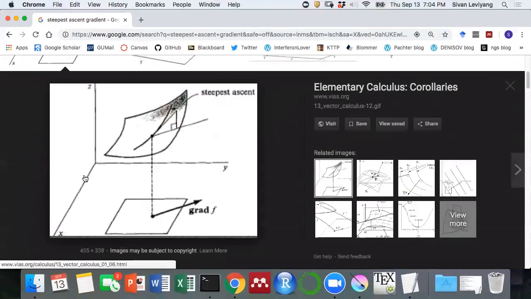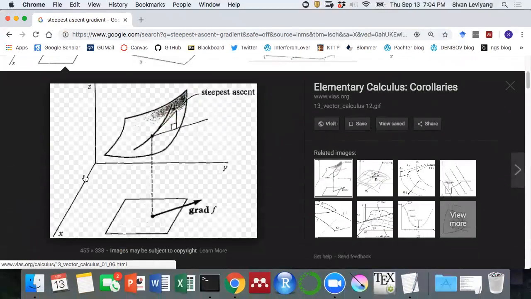Okay, this is a good picture. Here's your domain. This is your x and your y, just like our x1, x2. And up here is the value of your function. You're at this point, x0, and you compute the gradient, and it points in this direction. So this is my d.